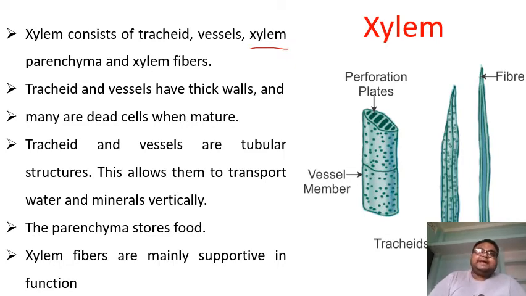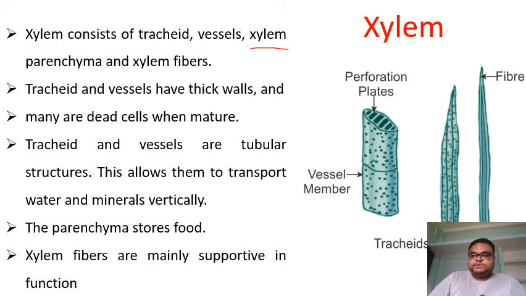They basically form the pipe-type vascular structure through which water and minerals are transported upwards. The function of the xylem parenchyma is that it stores food, and the xylem fiber has a supportive function.